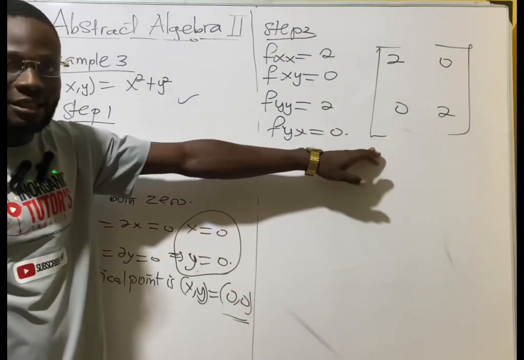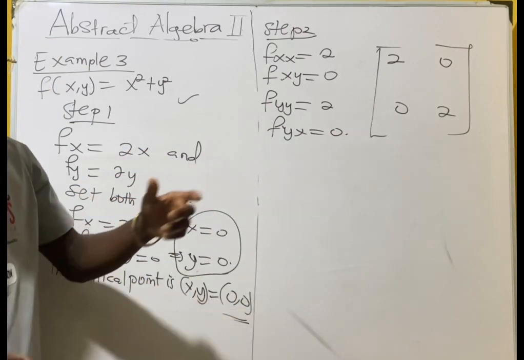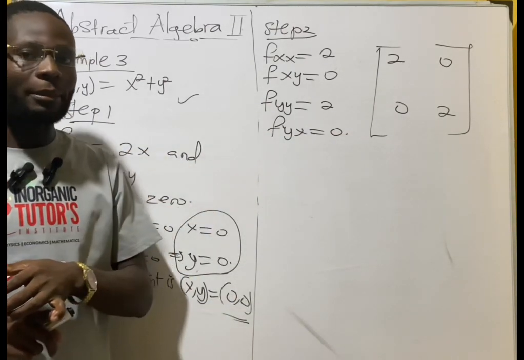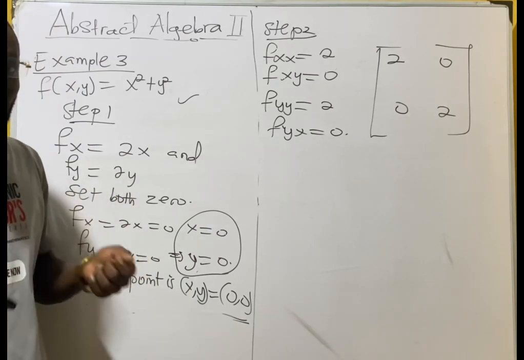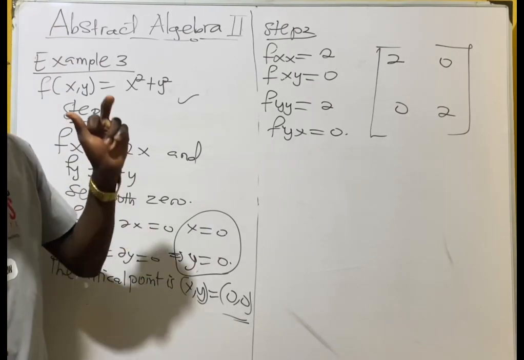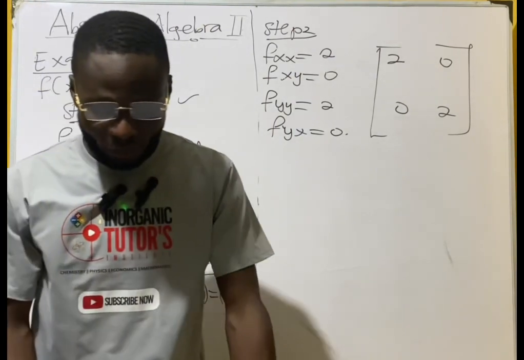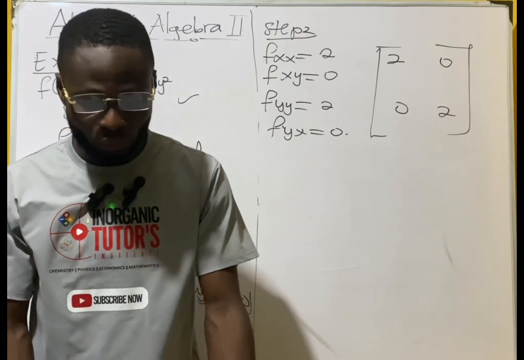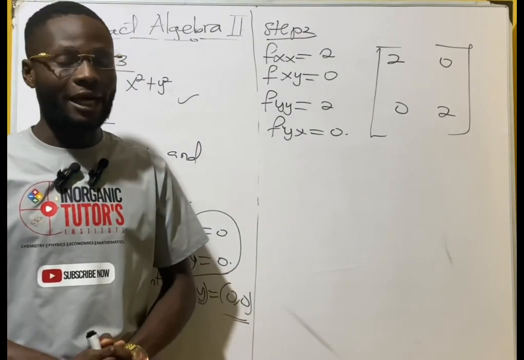So once we have the Hessian matrix, what do we need next? We want to determine whether it is a local minima, maxima, or saddle point. So to determine that, first we have to check the eigenvalues, right?